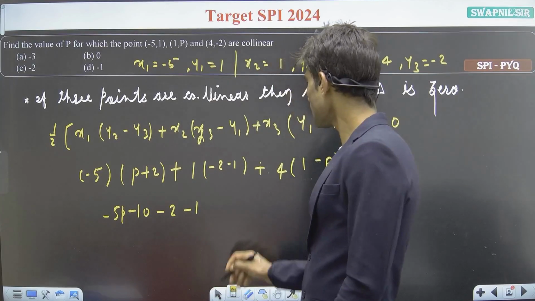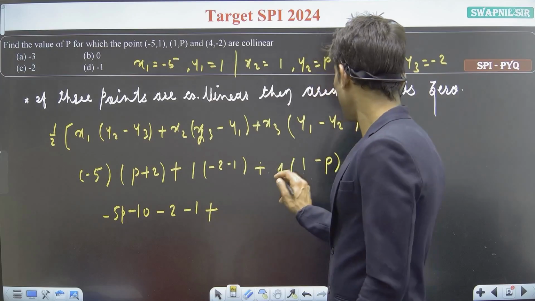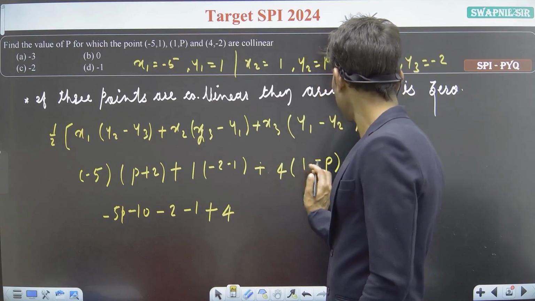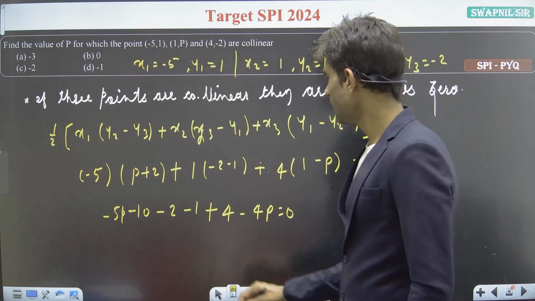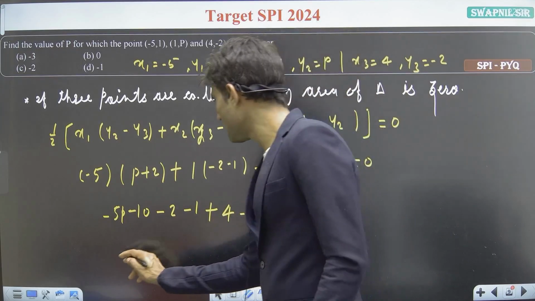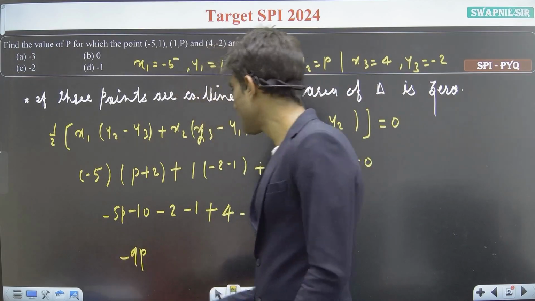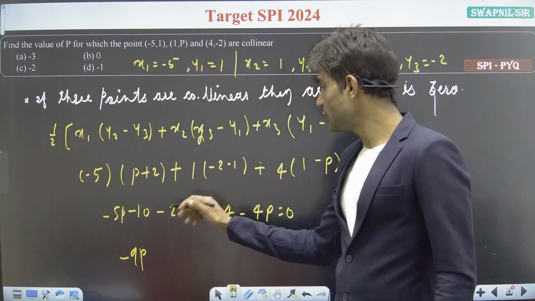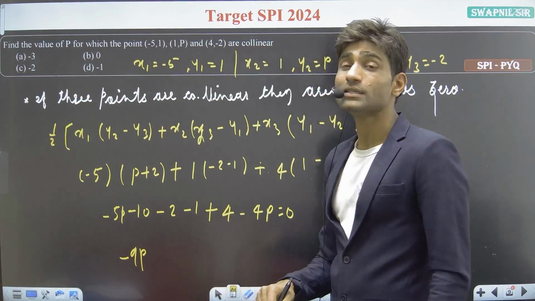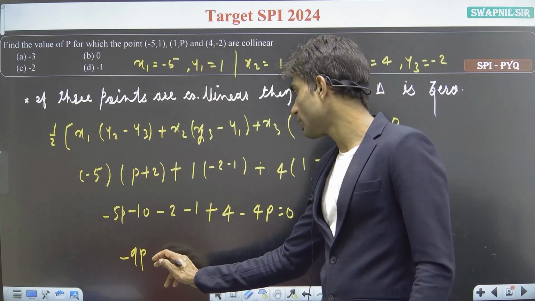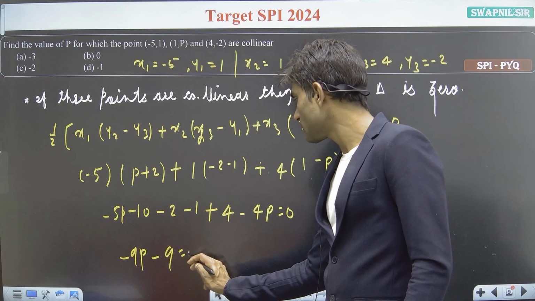Plus 4 into 1, we write 4. 4 into minus p, we write minus 4p, which is equal to 0. So minus 5p minus 4p, we write minus 9p. Minus 10 minus 2 is minus 12, minus 1 is minus 13, minus 13 plus 4 we write minus 9, which is equal to 0.